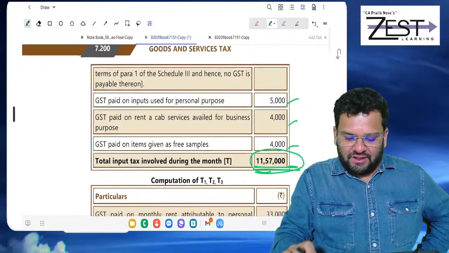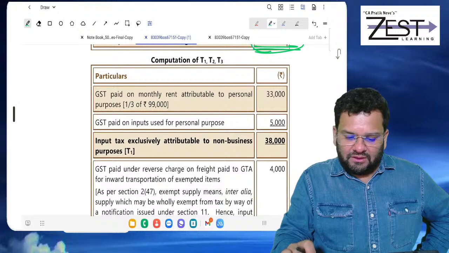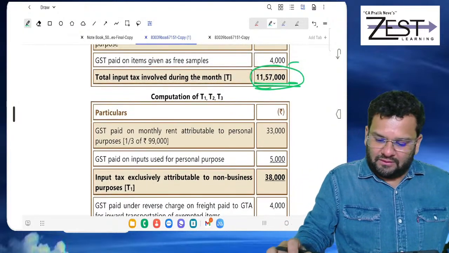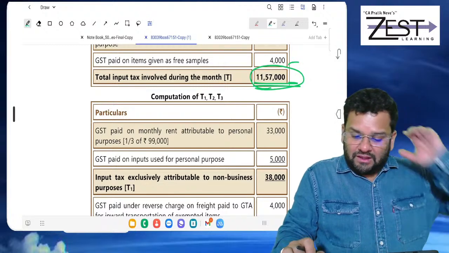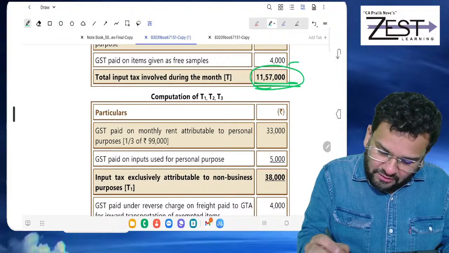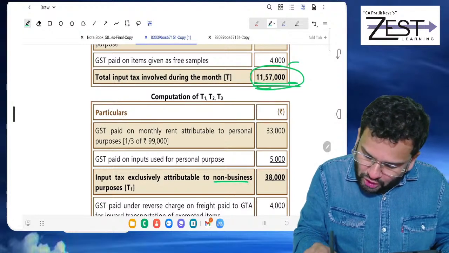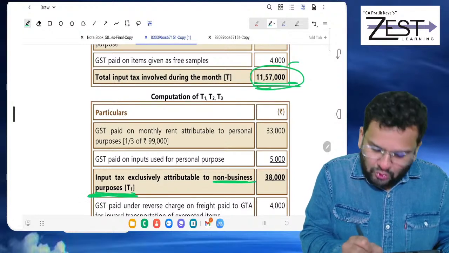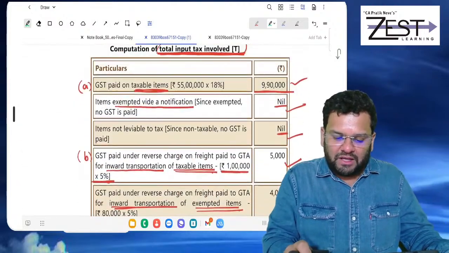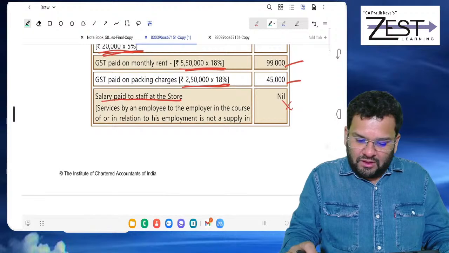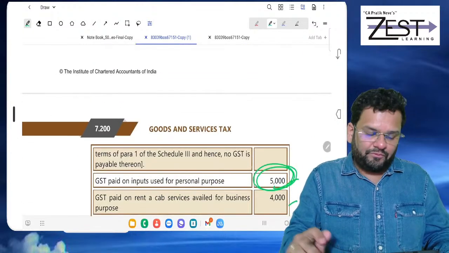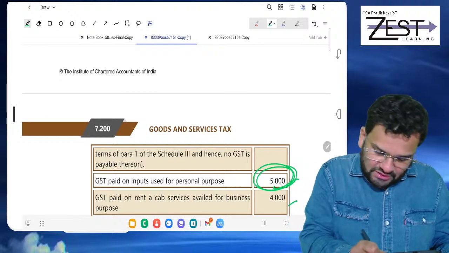Now friends, compute T1, T2, T3. You know what is T1? T1 is personal. What is it for personal? Means non-business. So pick out non-business from all these ITCs. Non-business is this 5,000, and so this is eligible.